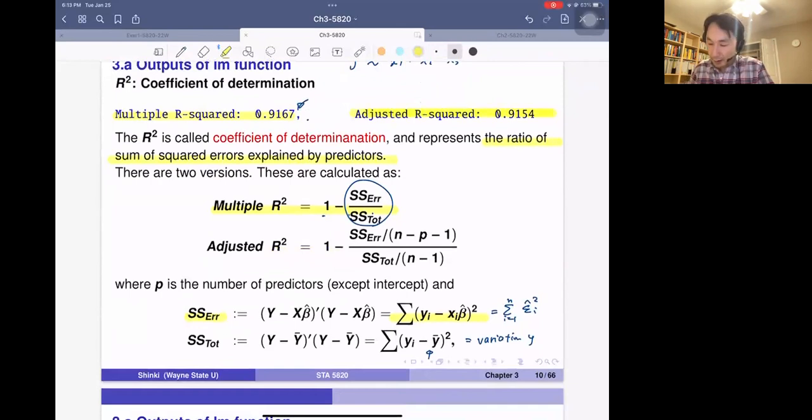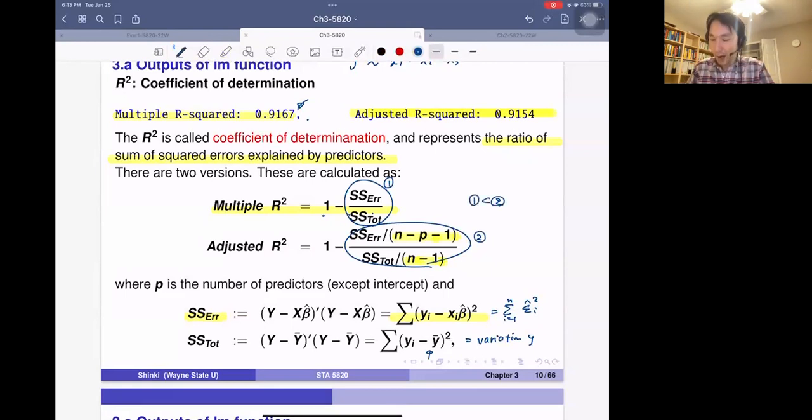Then adjusted R squared. This is a close number, almost the same, slightly smaller, always slightly smaller. That is some adjustment term. We divide the denominator by n minus 1 and the numerator by n minus p minus 1. So that makes this part larger. If this is 1 and this is 2, then 2 is always larger, right?